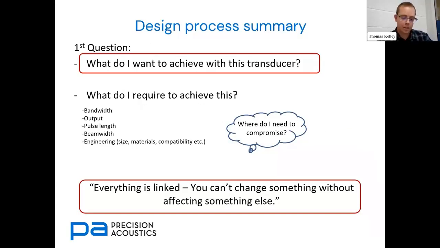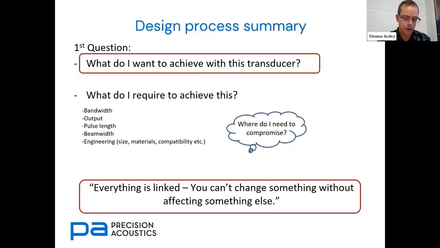So I guess as a final summary of the design process, a couple of questions that you should probably ask yourself, beginning with considering what you actually want to achieve with the transducer. A very key question. Then sort of moving on to considering what do I need to be able to achieve this?